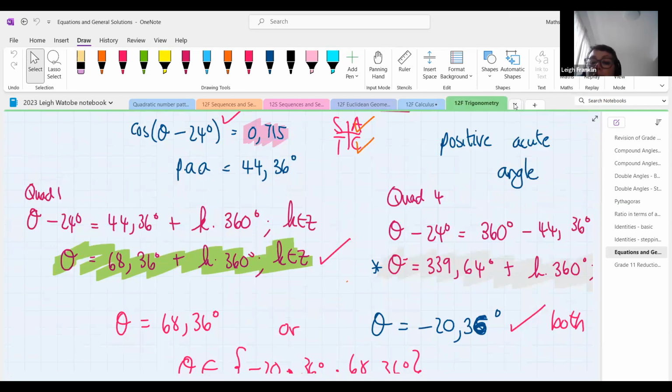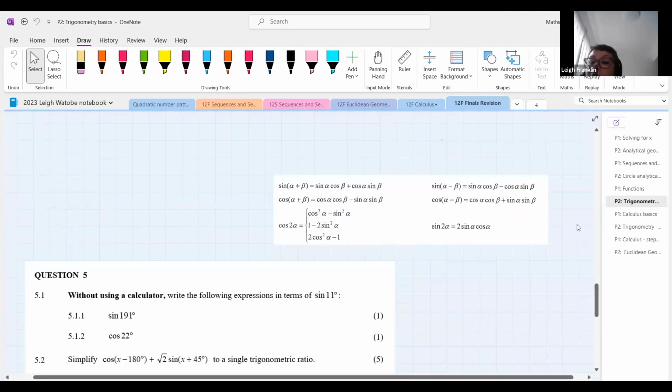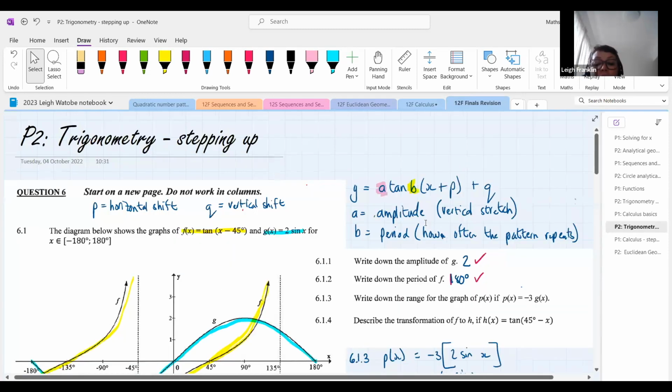Sorry, I thought I should have a formula sheet to hand, but I don't. If you know, you're welcome to carry on. I'm just going to get a formula sheet for you guys quickly. Sorry, just give me 1 second. If you can do this, you're more than welcome to go ahead.